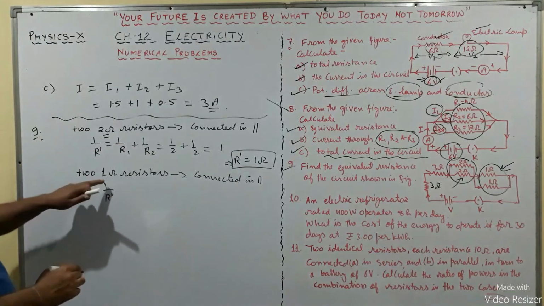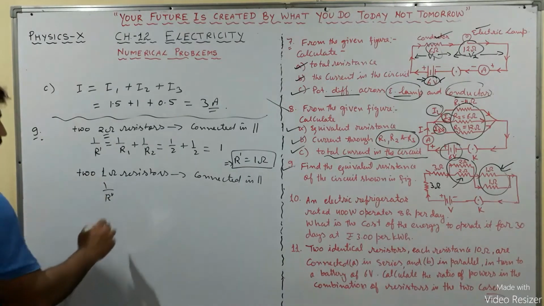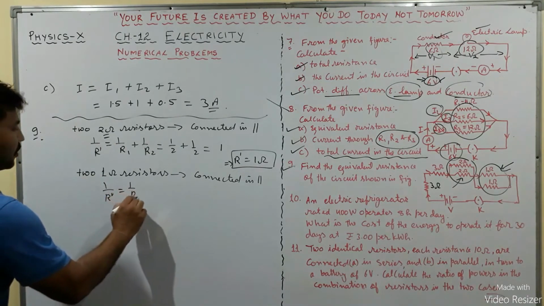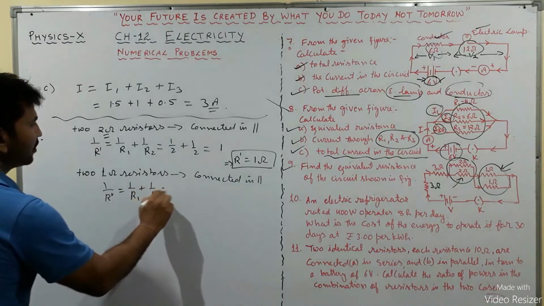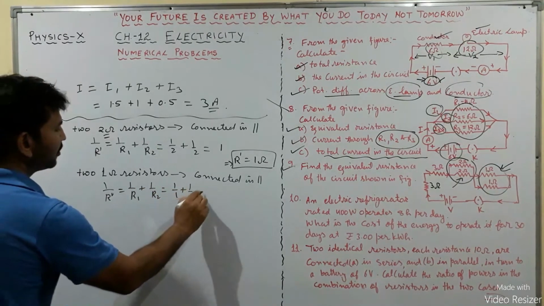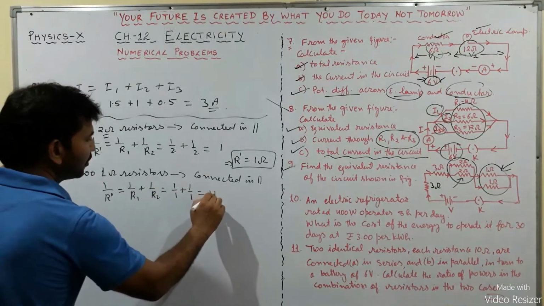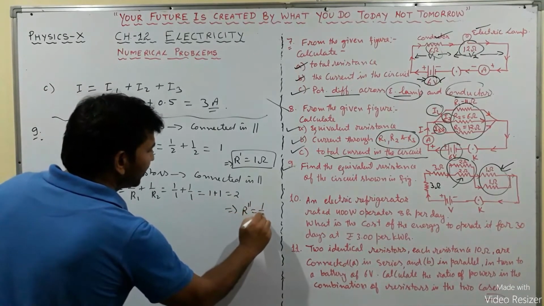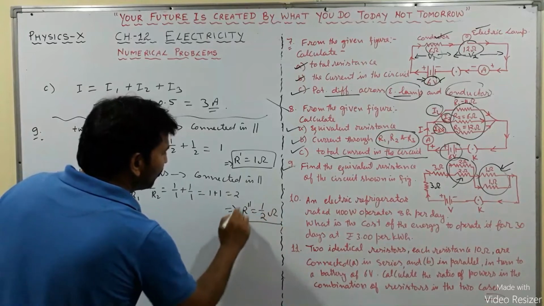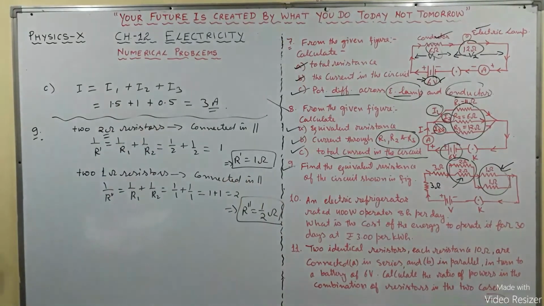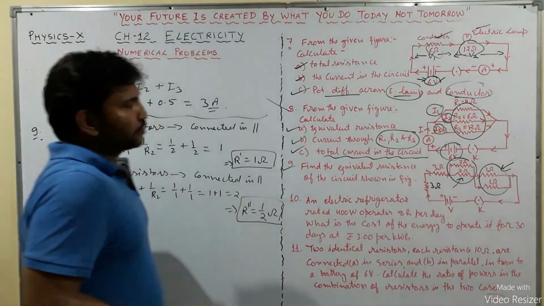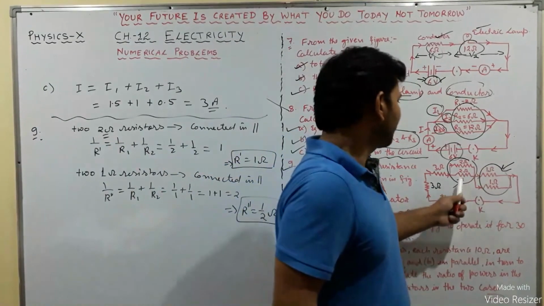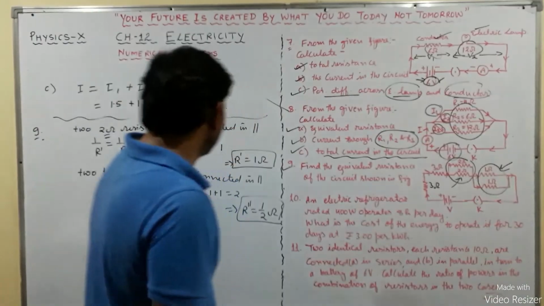Let the equivalent resistance of these two parallel combinations be R double dash, and R double dash will be 1 by 2 ohm. Now we have solved the two sets of parallel combination.